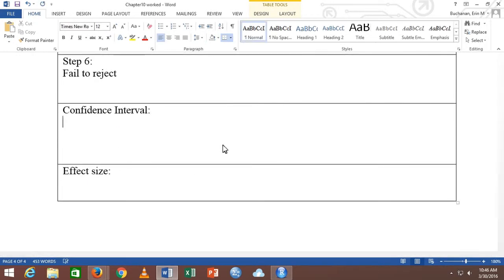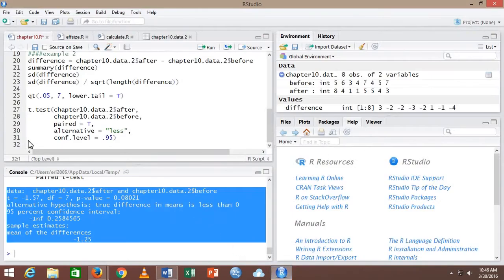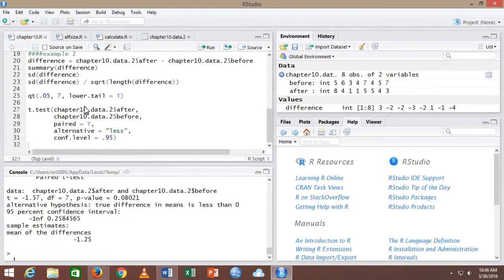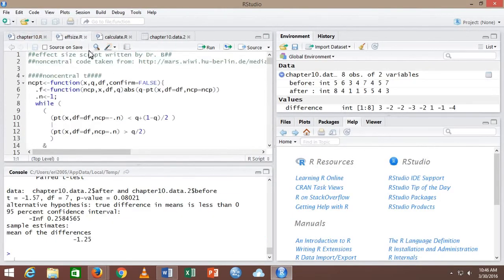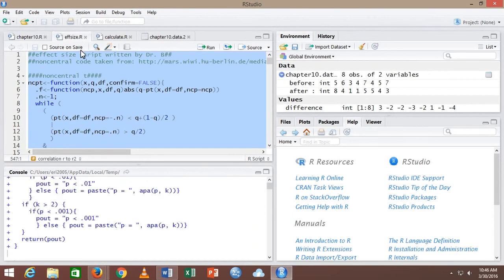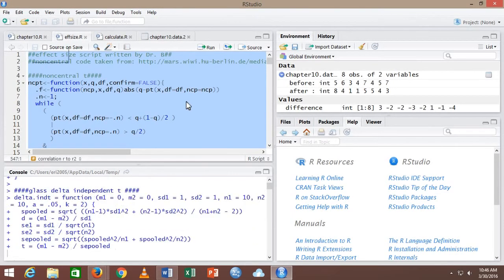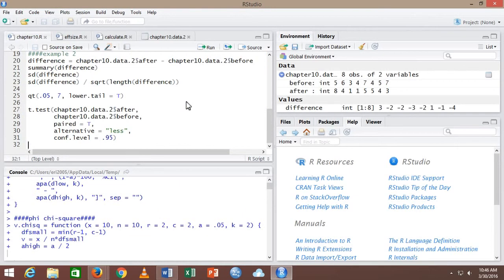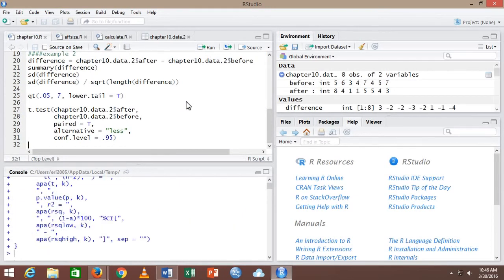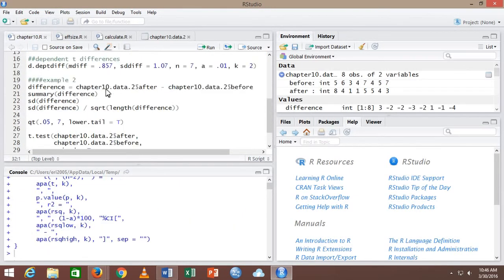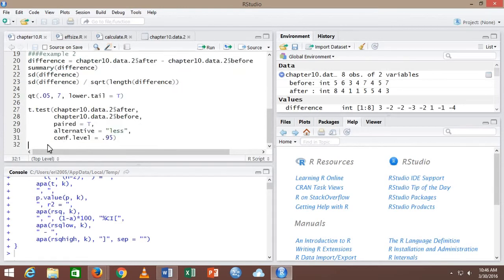Let's try and get the confidence interval and the effect size. So our confidence interval should probably include 0. So I accidentally cleared all this out, so I'm going to rerun it. So I'm going to just copy this from up here. Let's fill in with our numbers.